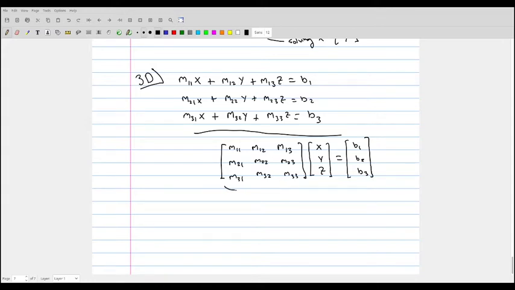Which, again, if we call this matrix M, the unknowns vector x, and this vector b, this equation is just the equation M times x is equal to b. Okay, it's a general way of dealing with systems.